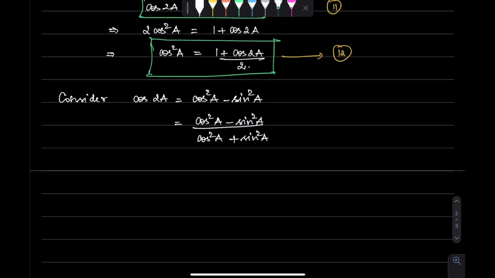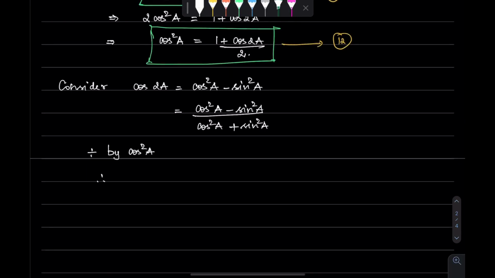Now divide the numerator and denominator on the right hand side by cos square A. So what do I get now? Therefore your cos 2A becomes 1 minus tan square A divided by 1 plus tan square A. That's it. This is your another result, cos 2A in terms of tan.